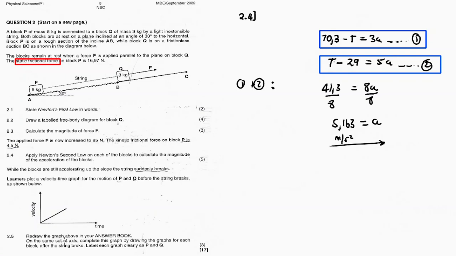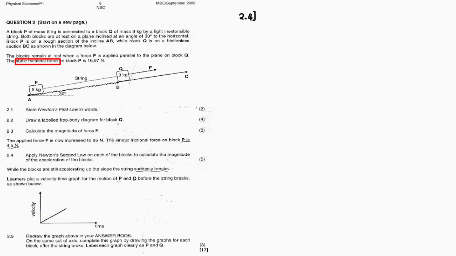Lana komele si redraw the graph above, and then on the same set of axes draw a graph for each of the blocks after the string broke. Label each graph clearly as P and Q. So I think erase it la. Let me erase 2.4. So I go 2.5 again manje.